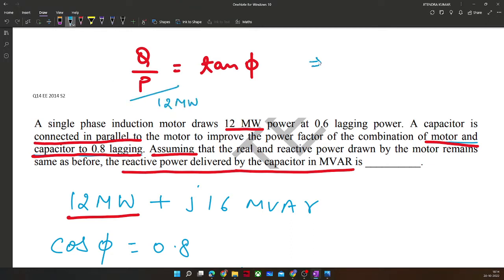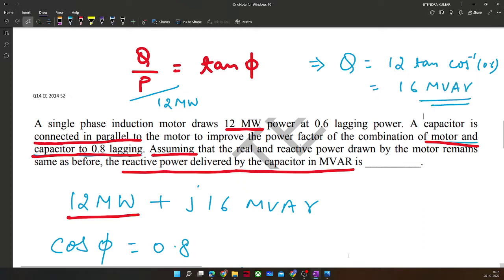So Q will be 12 tan cos inverse of 0.6, so that would come out to be 16 MVAR. Okay. So now we know what was the initial reactive power being supplied from the source side.